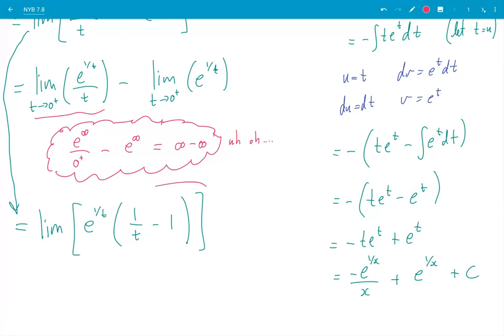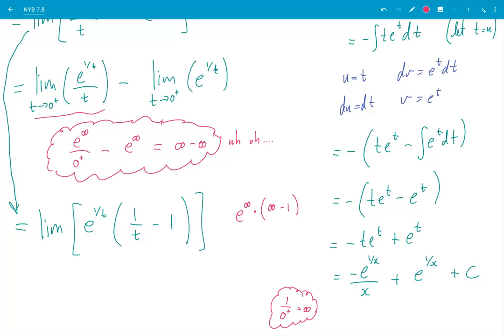And I should say, okay, what is the form of this? Is this an indeterminate form? Well, it's e to the infinity, because I'm using that 1 over 0 plus is infinity. I'm using that a lot. e to the infinity times infinity minus 1.